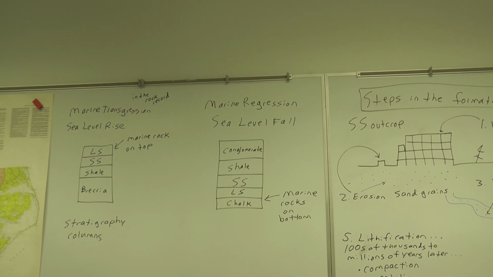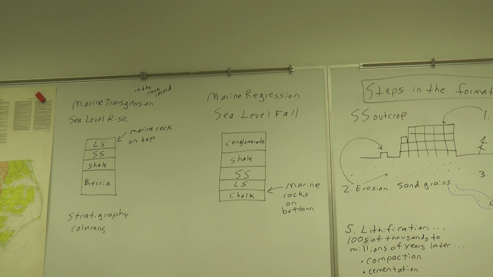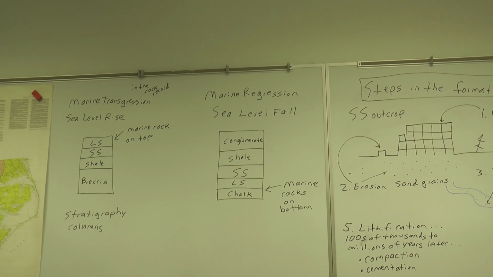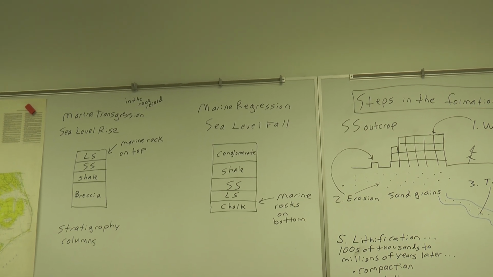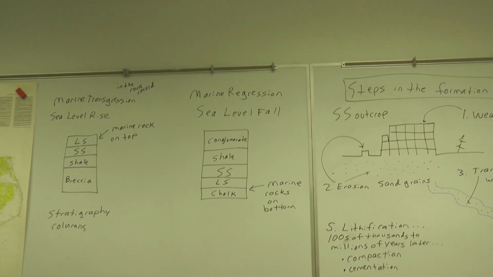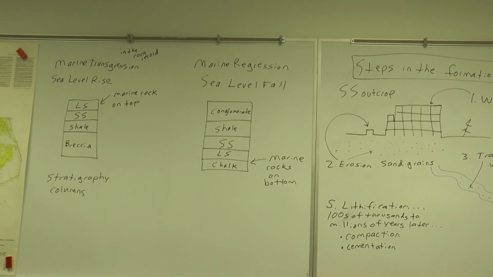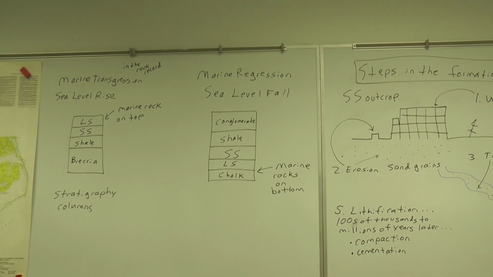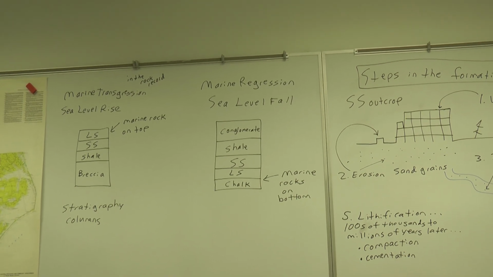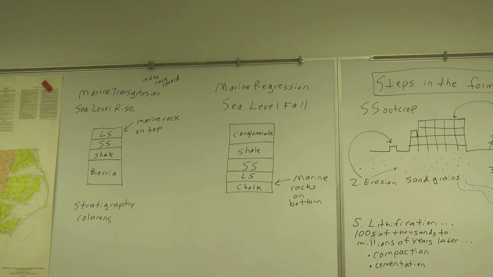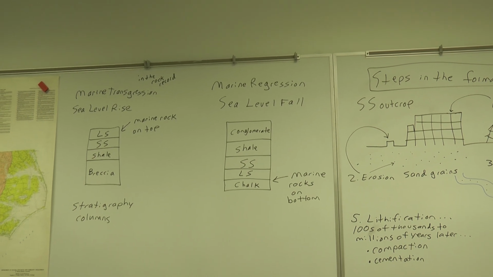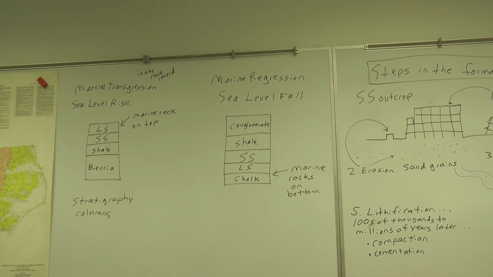Then we have maybe a fossiliferous limestone on top, which is more shallow but marine. On top of that, we have a sandstone that looks very much like a beach sandstone. On top of that, we have shale, which again could have formed on the floodplains of meandering rivers in the coastal plain, like the Lumber River, and on top of that is a conglomerate. A conglomerate is a land-based rock.